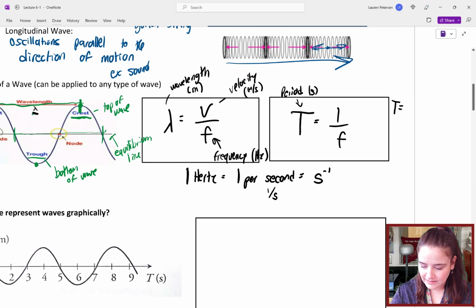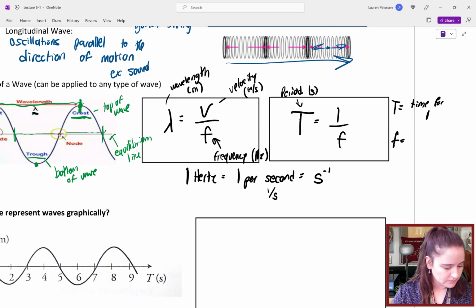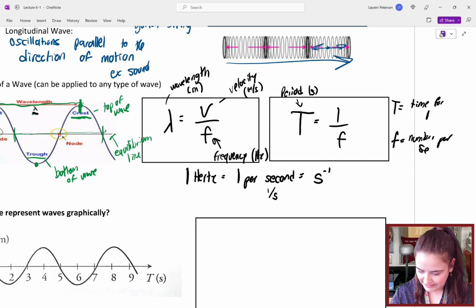T is typically in units of seconds, the seconds for one wave, while frequency is the waves per second.